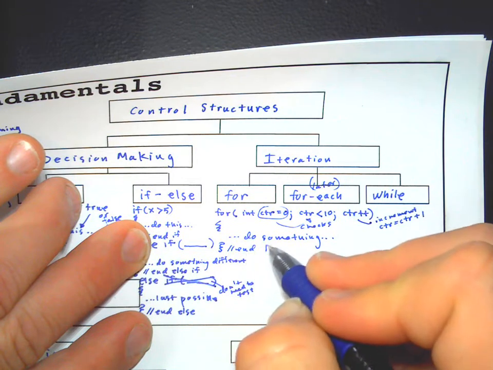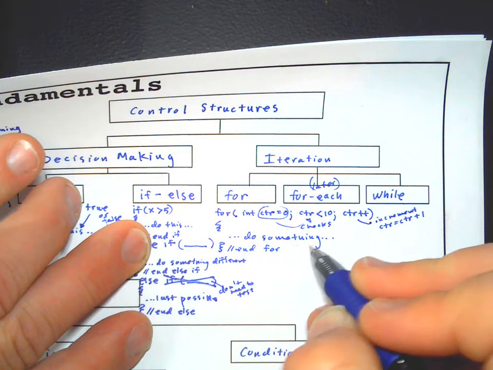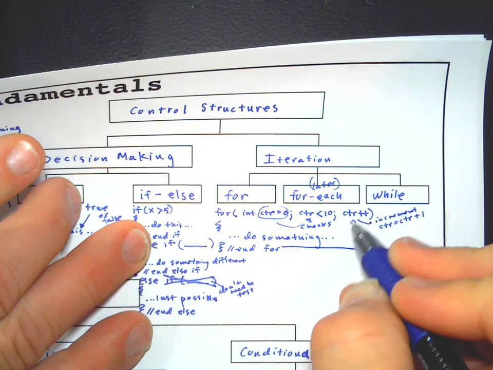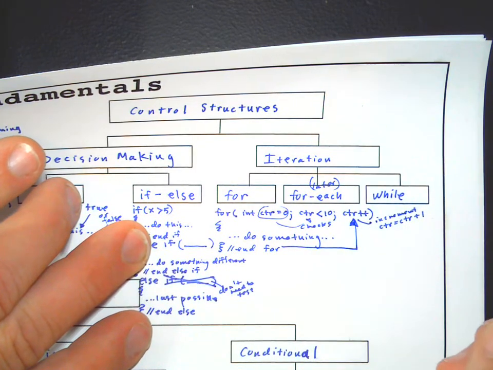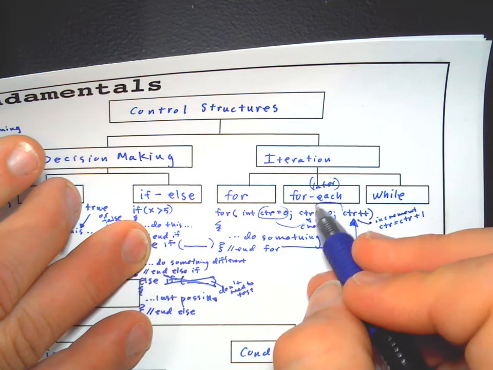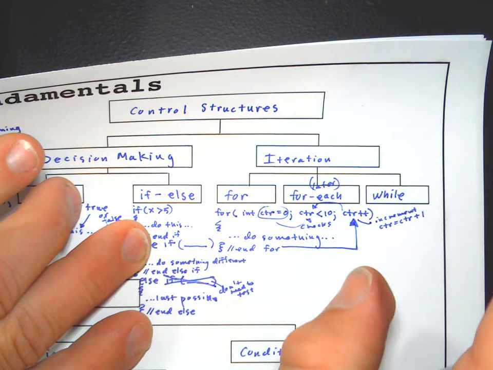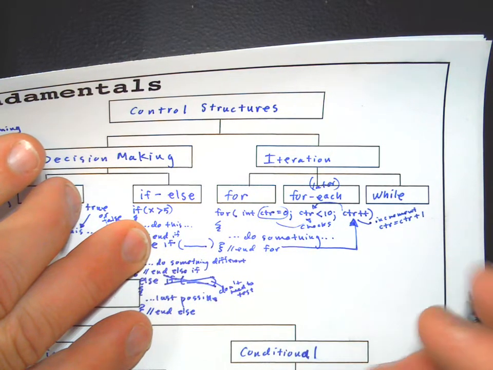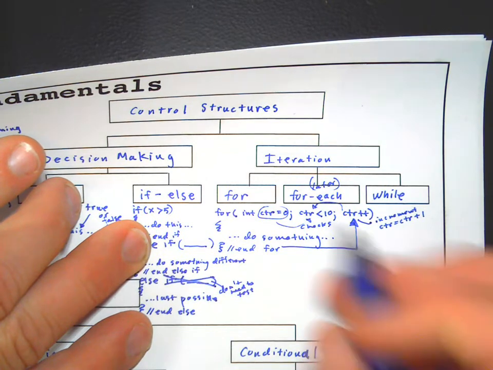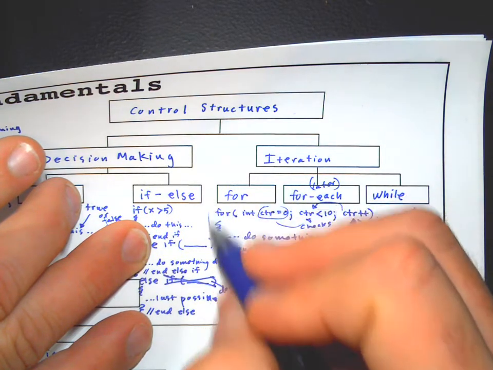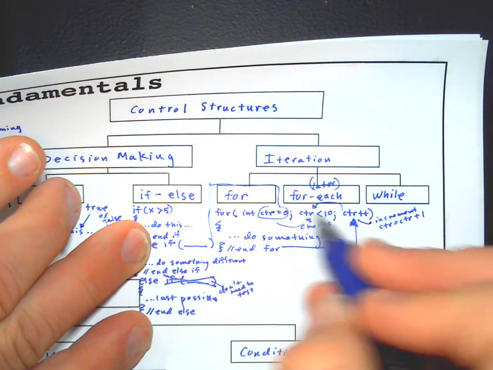And then after it's finished this, it then goes up here, it increments your counter, and then it checks it again. And then if counter's not less than 10, then it stops. So that's your for loop.